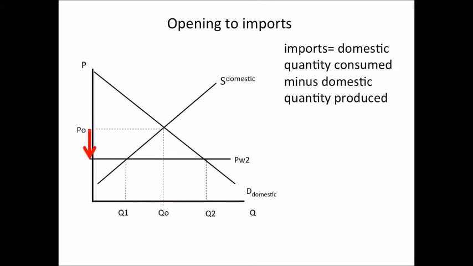And we measure or depict imports as being the horizontal distance between the quantity consumed, Q2, and the quantity produced, Q1. Imports is consumption minus production on the domestic side.